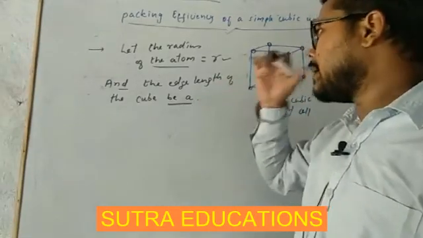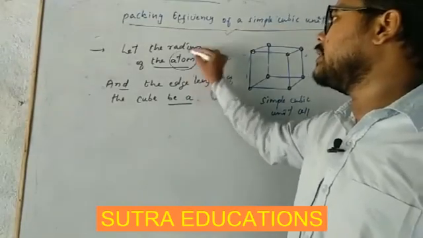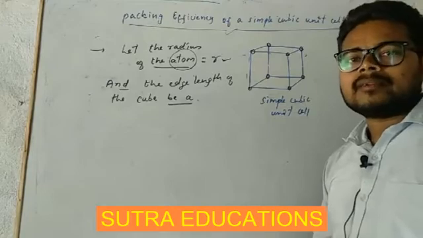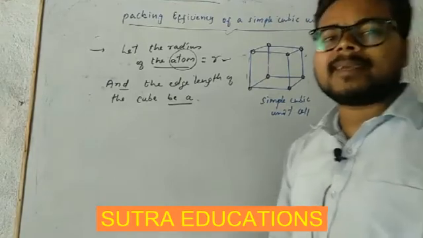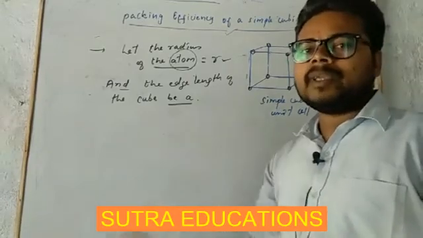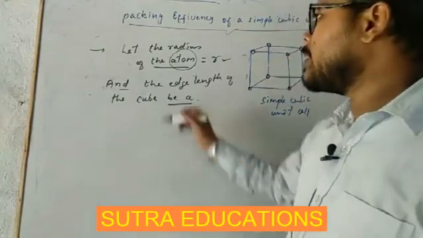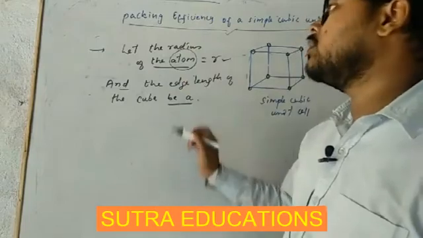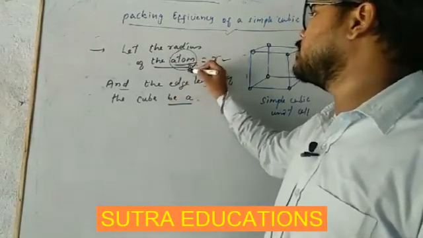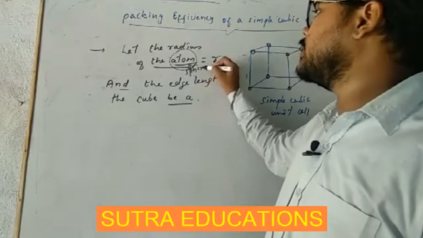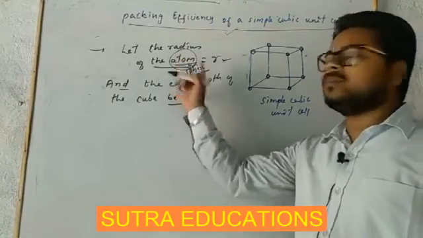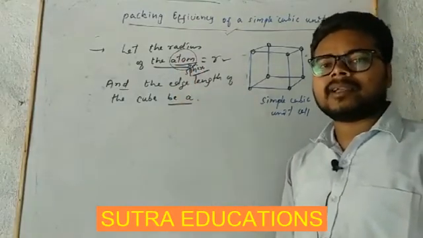You have to understand one thing. If atoms are occupying the corner positions, then atoms are spherical. So we will assume atoms to be spheres. So you can write the radius of the atom or the radius of the sphere, both are the same, because atom is spherical and we have to assume atom to be spherical here for our calculation.